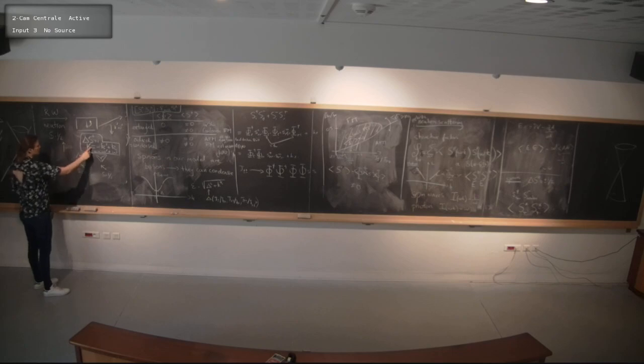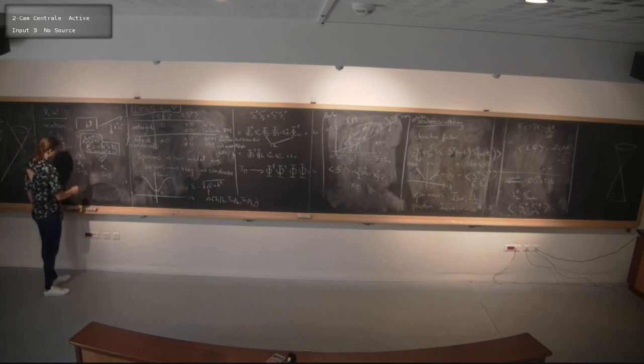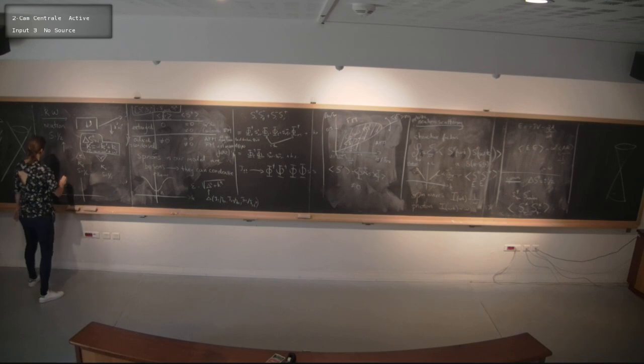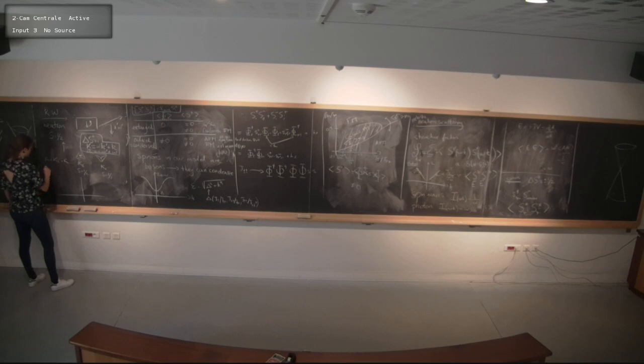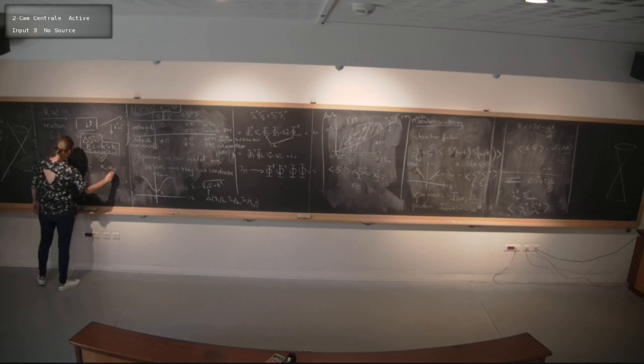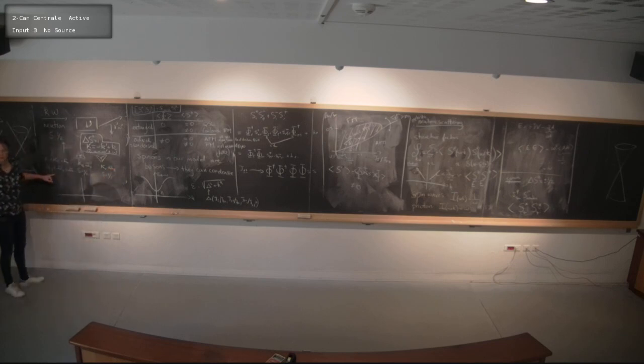So instead of having a sharp signal, all contributions such that k1 plus k2 equals k, and omega 1 plus omega 2 equals omega, are going to be able to contribute to the signal.